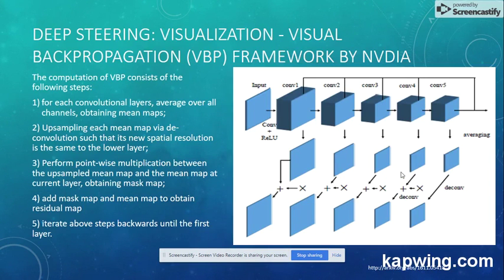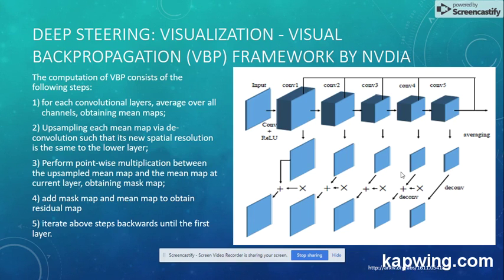Apart from that, the deep steering module uses visual backpropagation, or the VBP framework, which was proposed by NVIDIA. The computation of the VBP consists of 5 steps. The first is, for each convolution layer, average over all channels and obtain a mean map. After that, upsample each mean map via deconvolution so that its new spatial resolution is the same as the lower layer.